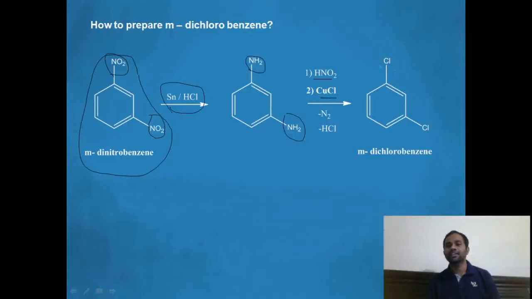We will get the meta-dichlorobenzene. That means here in this case both the positions will be converted into diazonium chlorides, right? In the first step, NH2 group is converted to N2Cl, and in the second step this N2Cl is replaced by chloro group, right? That is the Sandmeyer reaction.